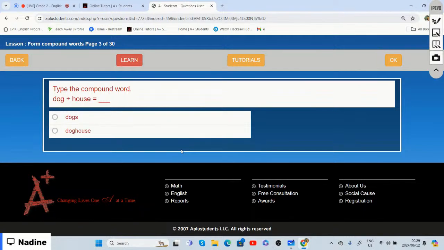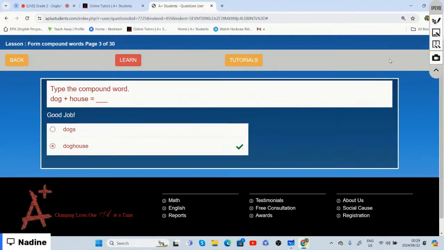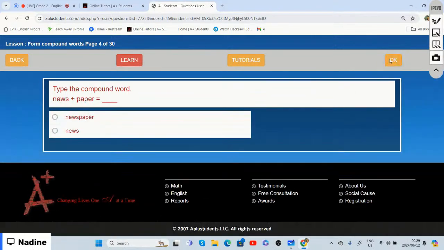All right, and if we were to choose the correct one, we would say it is dog house. So well done. Dog house is correct.